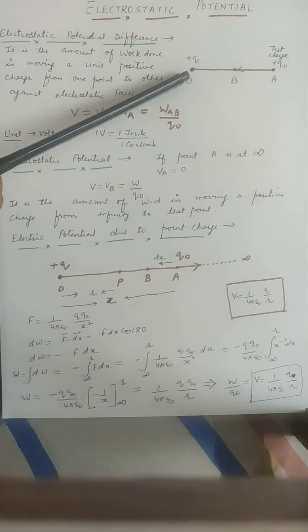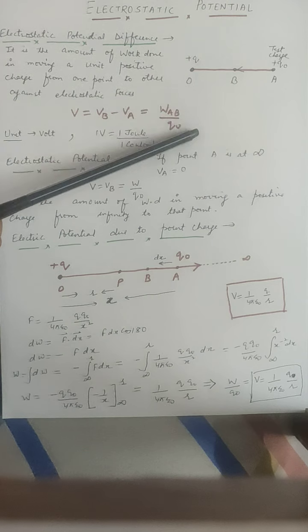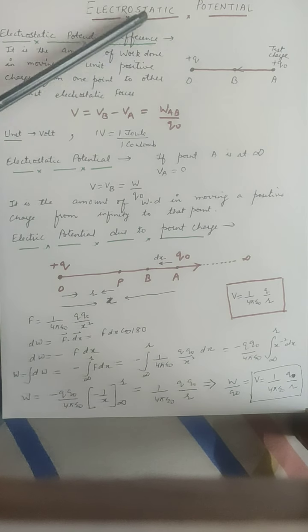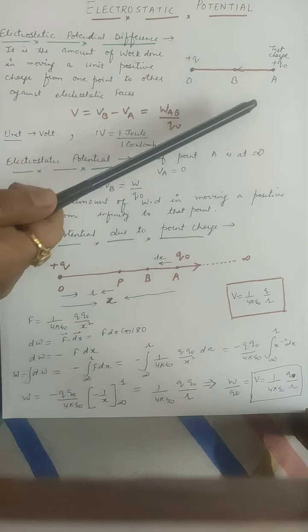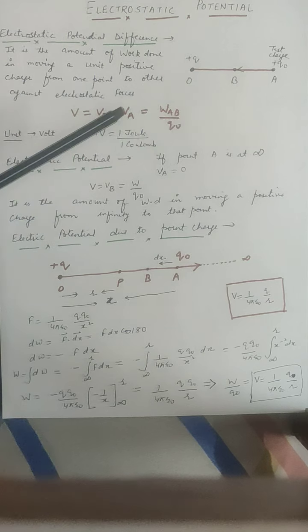As we all know, the electric field lines from this particular charge will be radially outwards, and if we try to bring a positive charge near a positive charge, it will experience a force of repulsion.